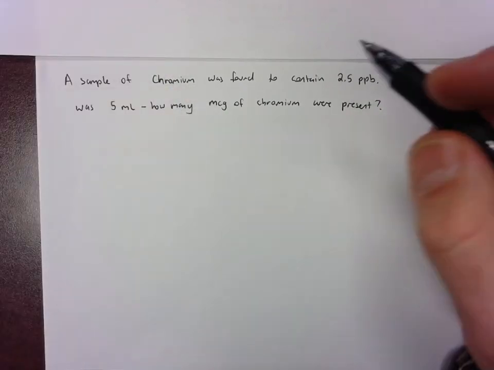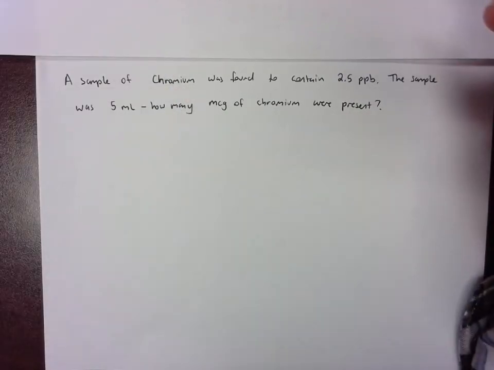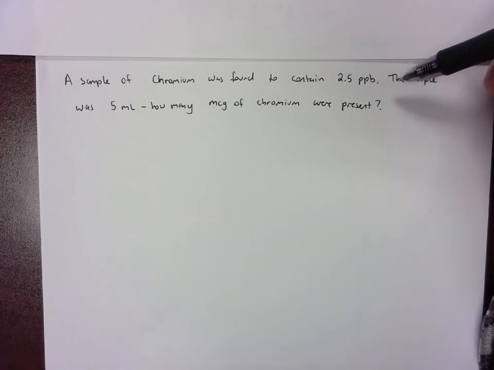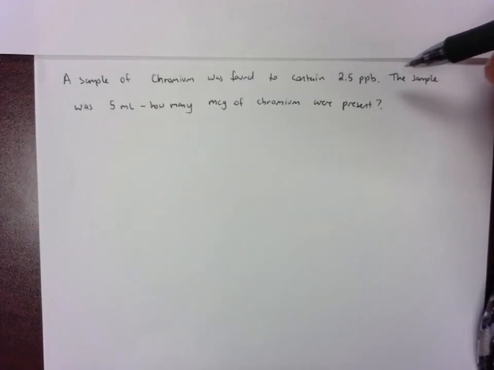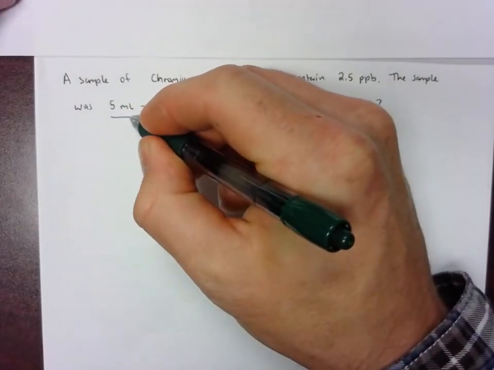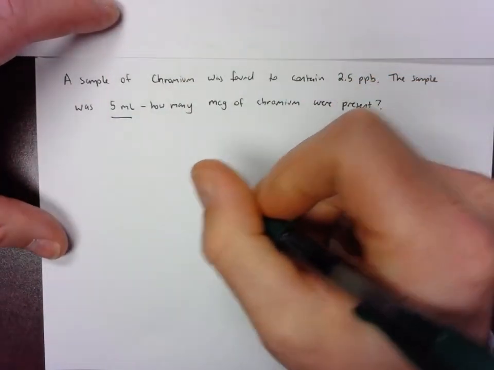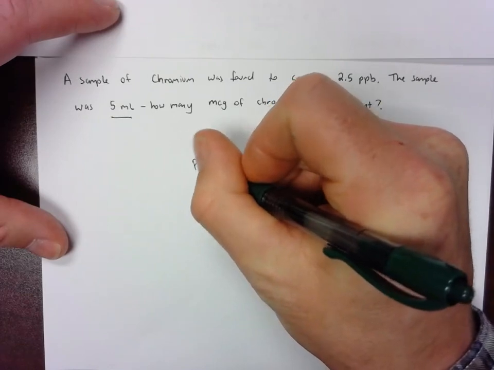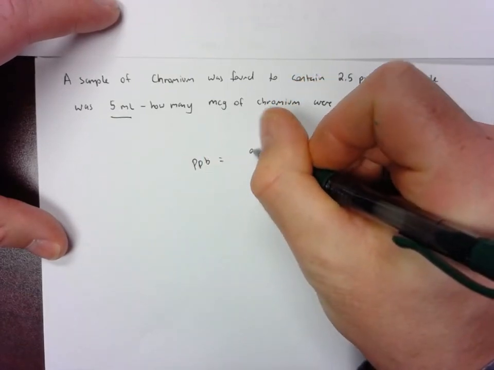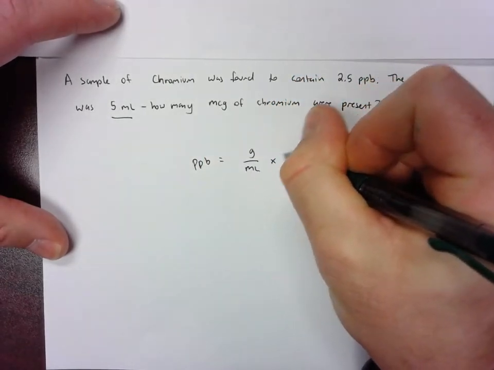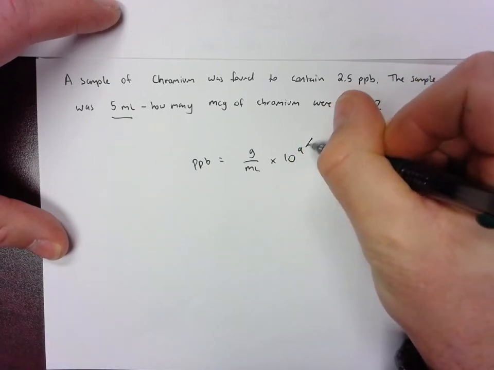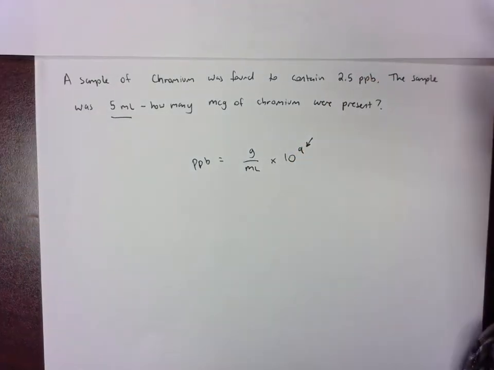Okay, so this says a sample of chromium was found to contain 2.5 parts per billion. So that's 2.5 parts per billion in that sample, and the sample was 5 milliliters. So the ppb equation is almost the same as the ppm, except this number right here. It's the only difference.